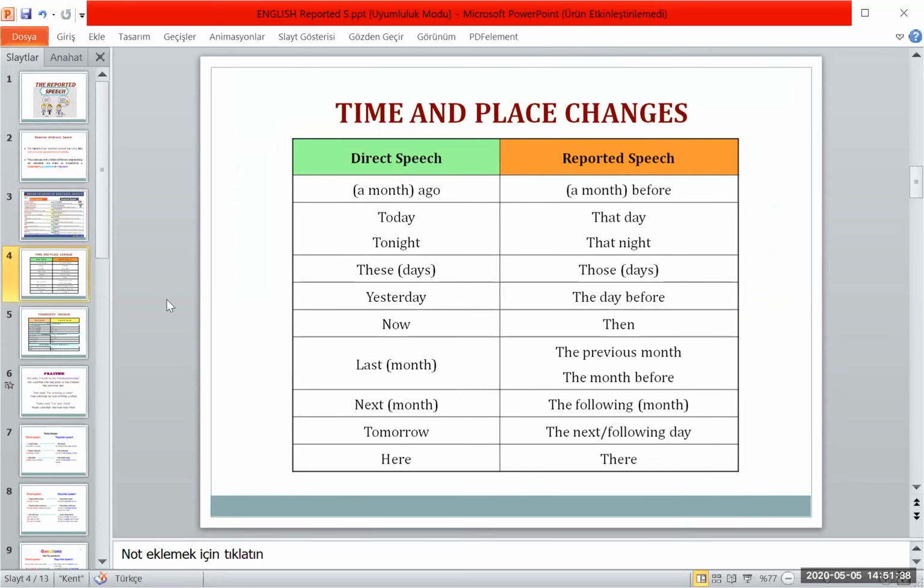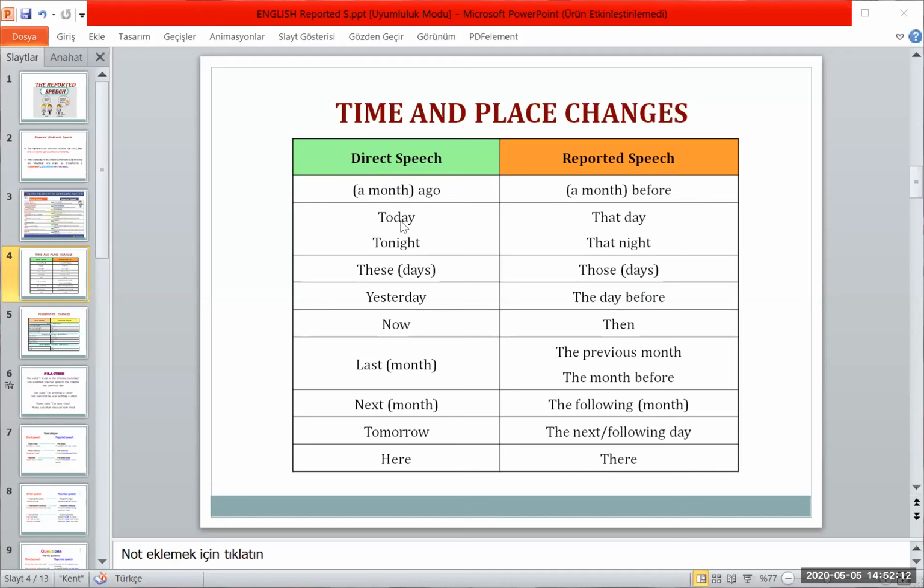So how about time and place changes? Please pay attention to these time and place changes. In direct speech, "a month ago" should be reported like "a month before." Okay, Deborah, we will come to this point. Please follow me. So in direct speech, if it is "a month ago," while I'm reporting this, it will change into "a month before."